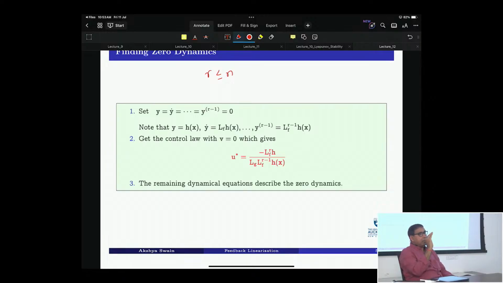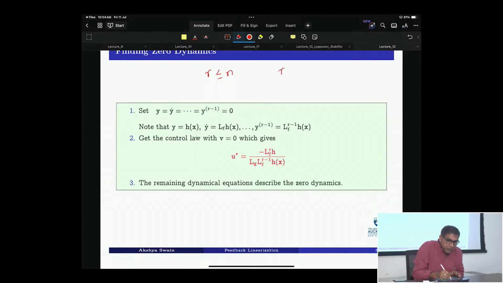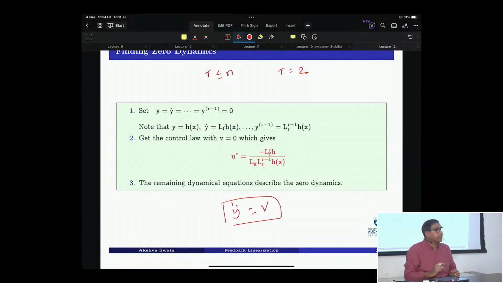What happens here? If the system order is equal to n and the relative order is equal to 2, then it gives you y double dot is equal to v. What is the dynamics of the system? In this example, suppose I am taking n is equal to 5.